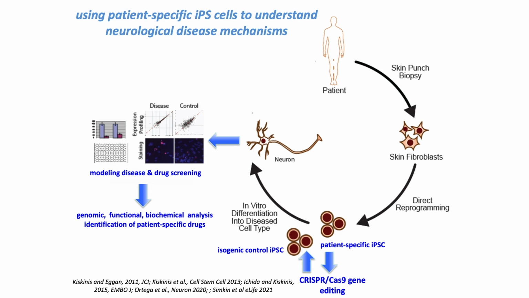Once we have these pairs of lines in our lab, we in vitro differentiate them into disease cell types, including cortical GABAergic neuronal subtypes and cortical glutamatergic excitatory neurons. Once we have these cells in the lab, we use them to perform all kinds of genomic, functional, and biochemical analysis to identify disease mechanisms and hopefully patient-specific drugs.